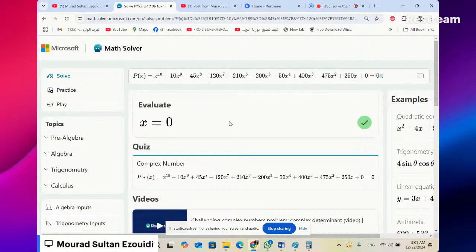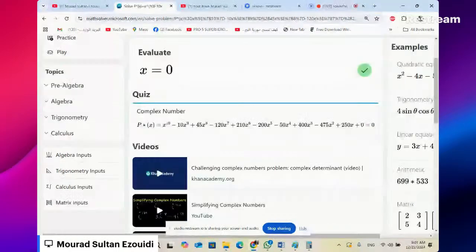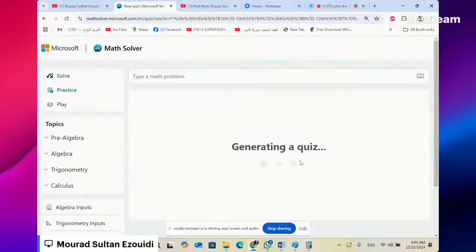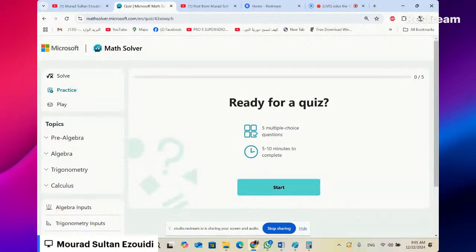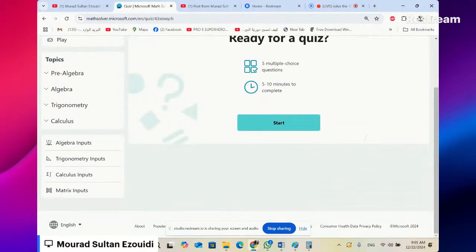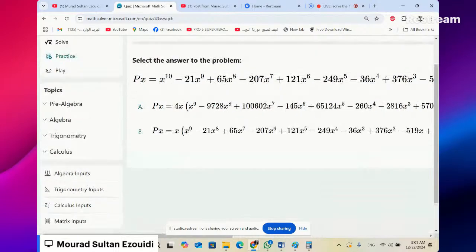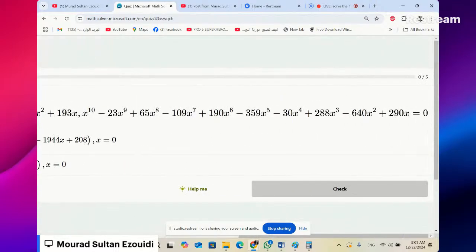I will tell it please generate an equation like that, generating a quiz. Oops, we cannot. We'll just simplify this, make a factorization or something like that. Okay, we will not do this.